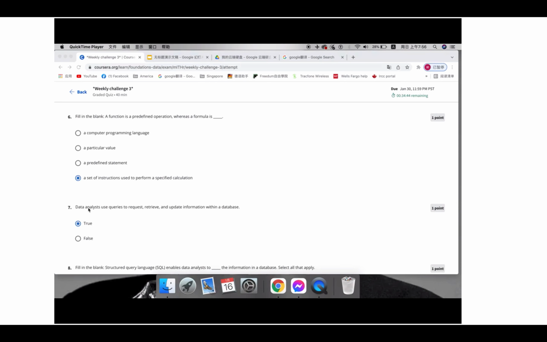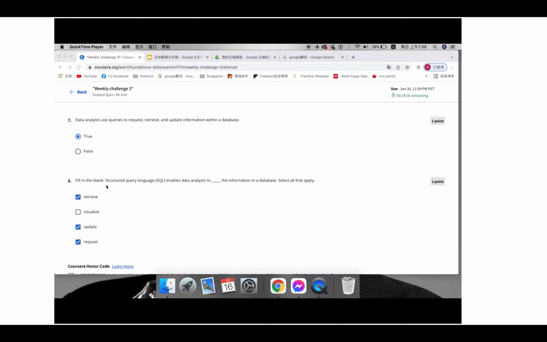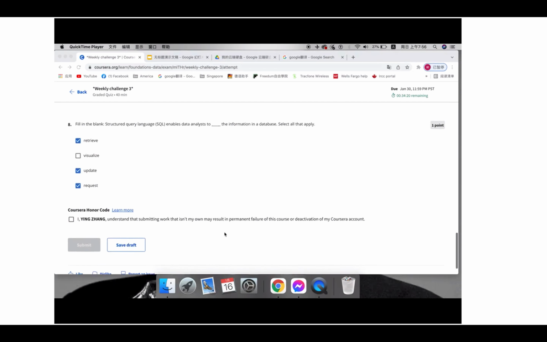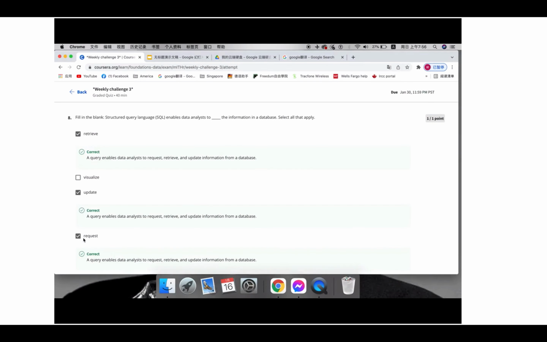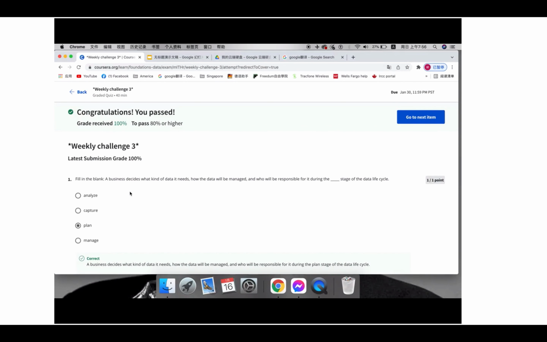Number 7, data analysts use queries to request, retrieve, and update information within a database. True. Number 8, structured query language, also known as SQL, enables data analysts to retrieve, update, and request the information in a database. Select all that apply. All right. Let's see. Wow, cool. Thank you.